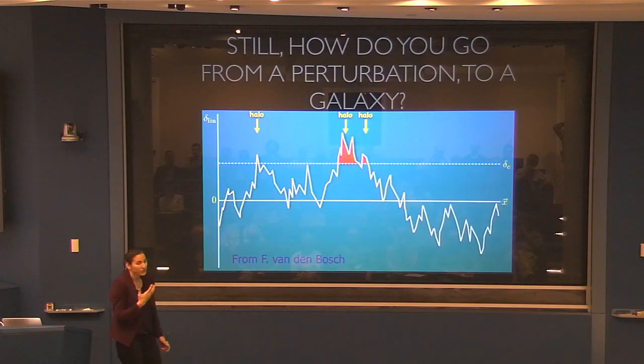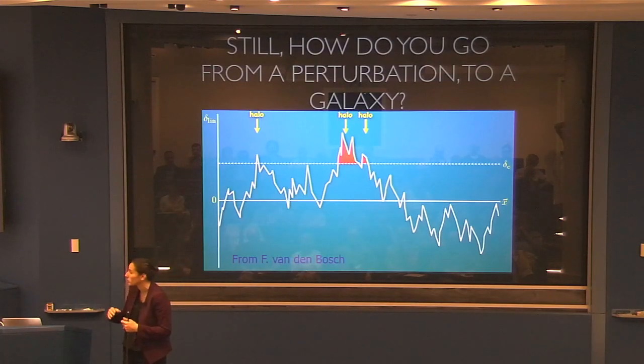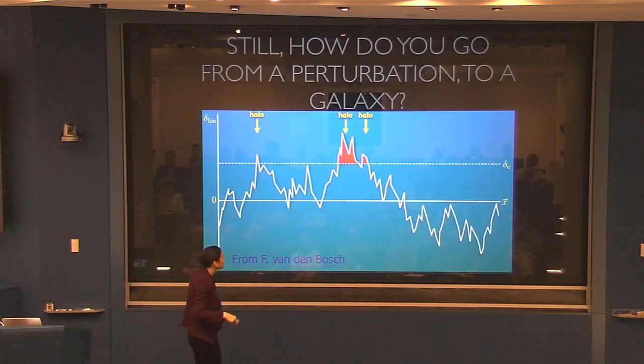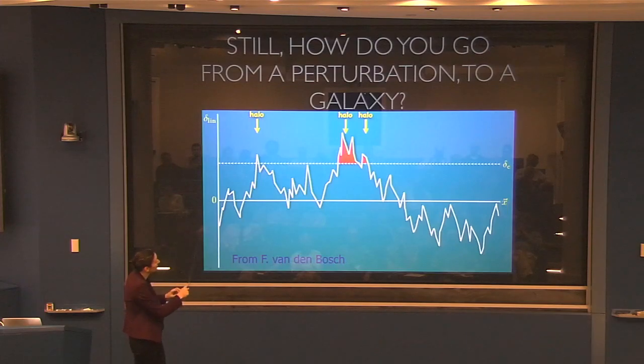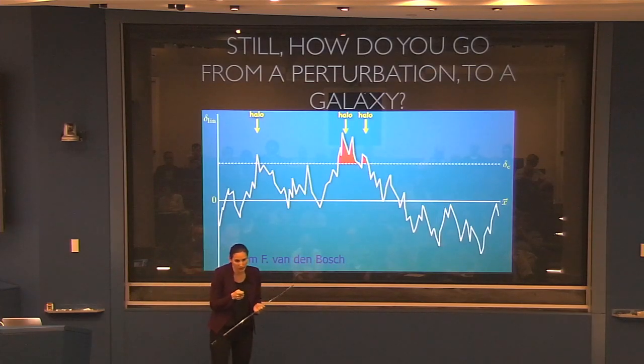So there's still a question. We're talking about perturbations and small fluctuations, and that makes sense when you're talking about a perturbative idea, but galaxies have mass, they're things. And so how do you go from a perturbation, a little delta rho over rho, to an M, to a mass? And that's where this critical idea comes in, where imagine yourself on one of these fluctuations.